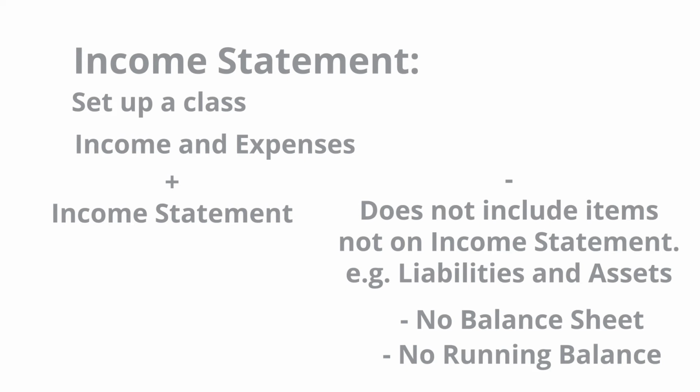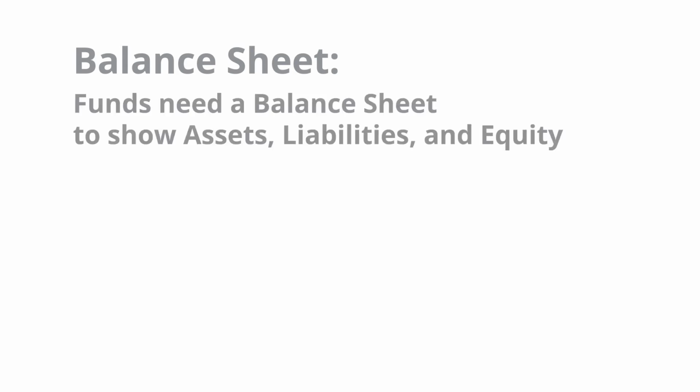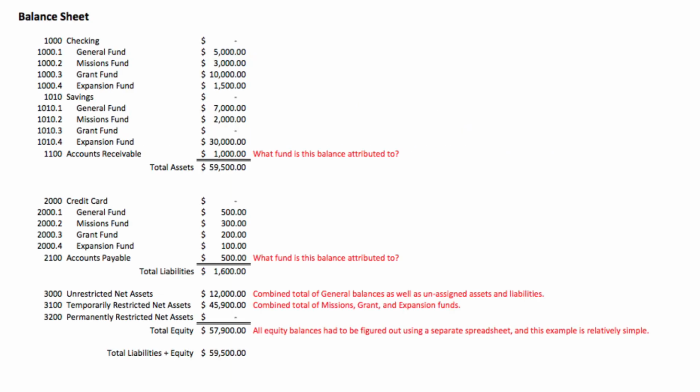So the last one here, we talked about cash balance, income statement, and then balance sheet. Ultimately, your funds need a balance sheet because you need to show, here are my assets to this fund, here are my liabilities to this fund, and then ultimately, what's my equity? At the end of the day, how much is this fund worth to me right now? You can set up multiple bank accounts, you can set up classes, and even equity buckets.